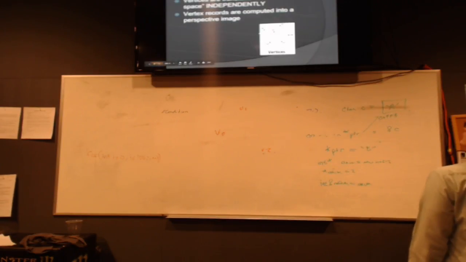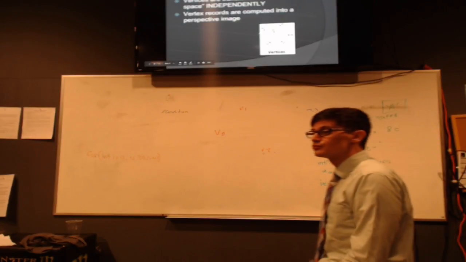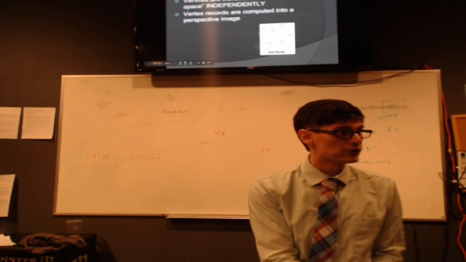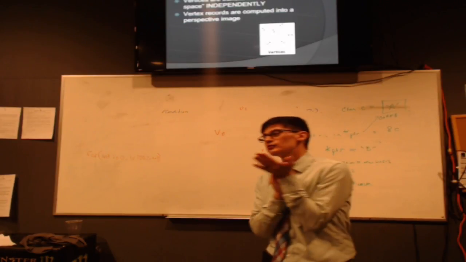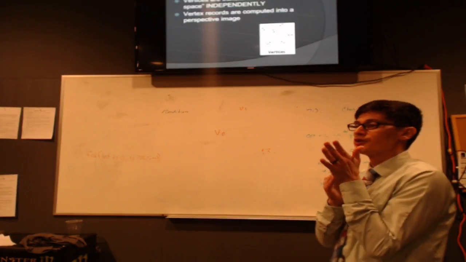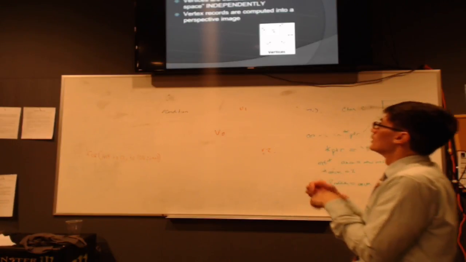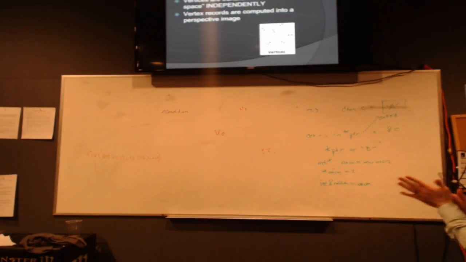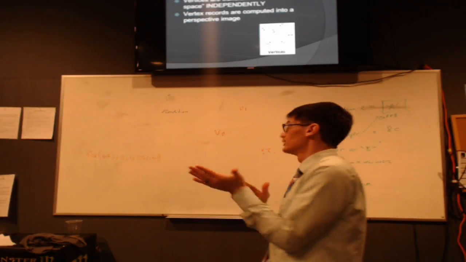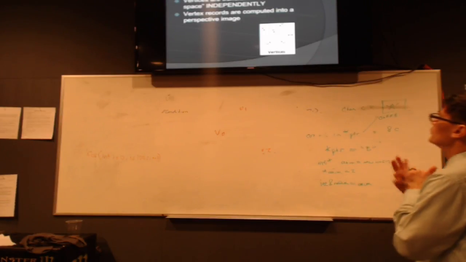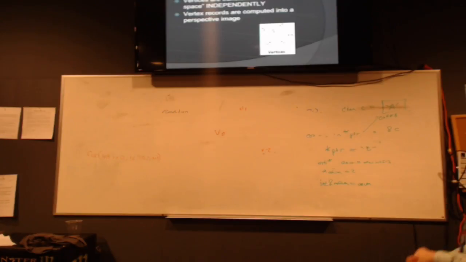All right? So vertex processing. This is what we can write code for. So vertex.vert. This is where we are going to actually process the verts that we're given. Vertices are transformed into screen space independently. It doesn't care, all right? Vertex records are computed into a perspective image.